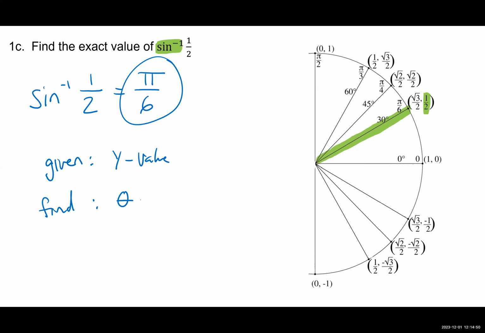There's nothing to calculate here. There's not a step-by-step algorithmic approach other than look at the right side of the unit circle, find the number 1/2 as it appears as a y value, and the answer is the associated angle, pi over 6.